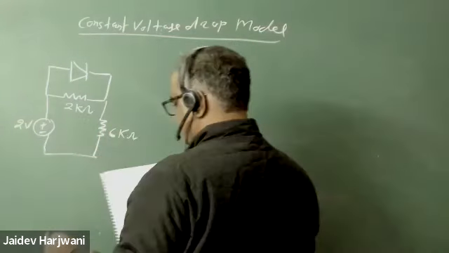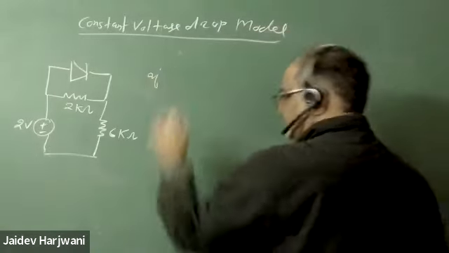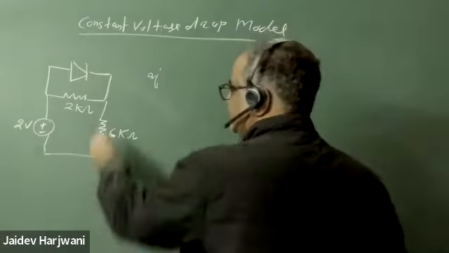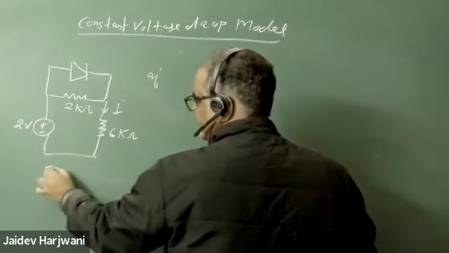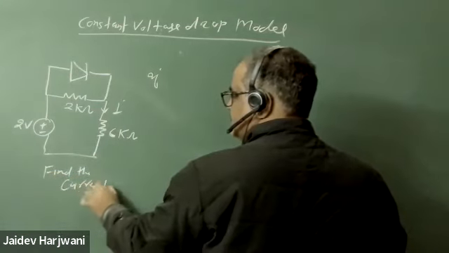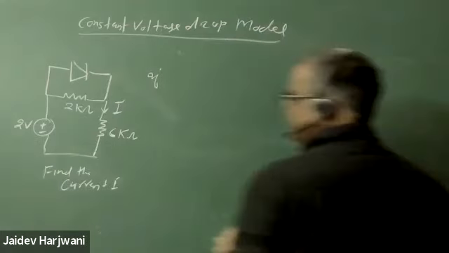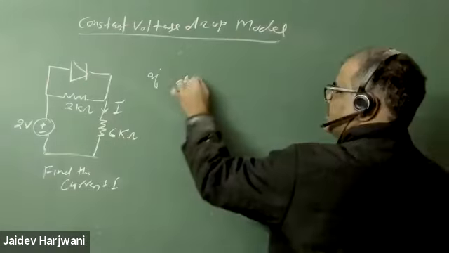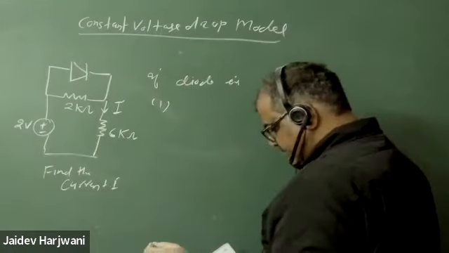Now they say find the current I in the circuit if the diode is made of silicon.